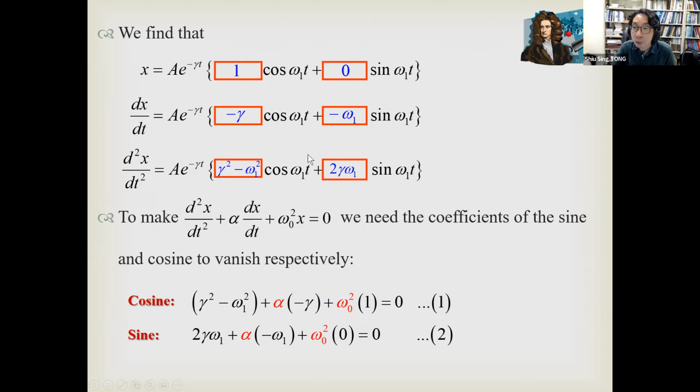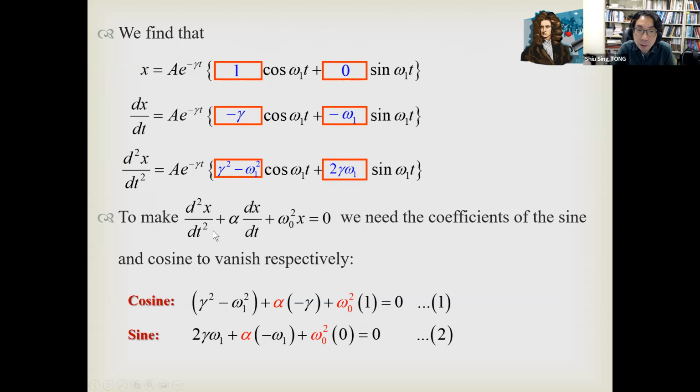But in order for this to be a solution of the equation, the sum of the sine terms and the cosine term must be equal to 0 for all time. And that means the coefficient for the cosine and the coefficient for the sine must be equal to 0 separately.